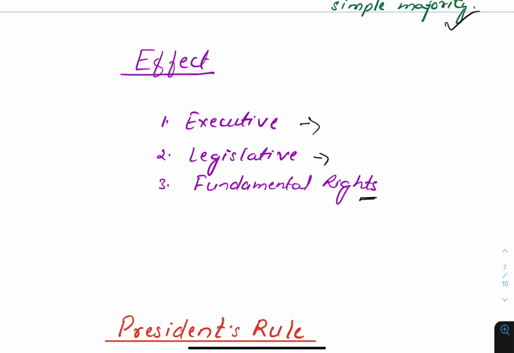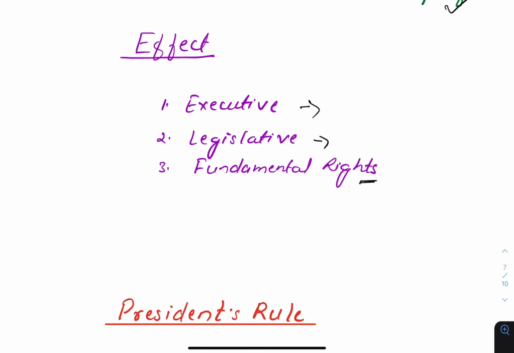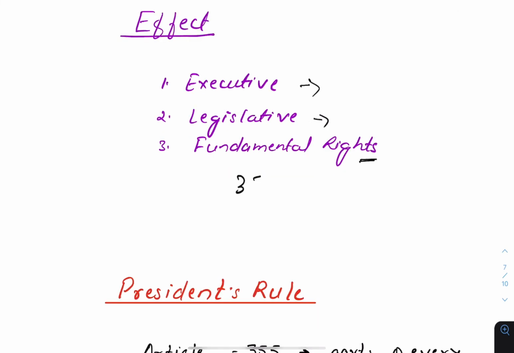Also, the fundamental rights are not suspended, but their enforcement is suspended when the national emergency is in force. We cannot go to the court at that time. Article 359 authorizes the President to suspend the right to move any court for the enforcement of fundamental rights during a national emergency. Fundamental rights per se are not suspended, but their enforcement is suspended under Article 359.